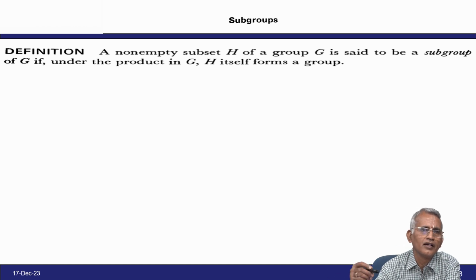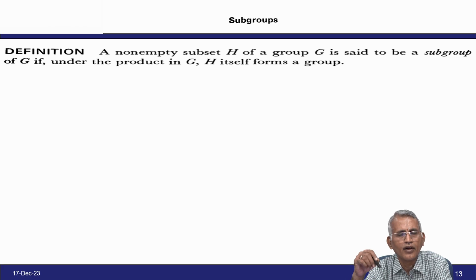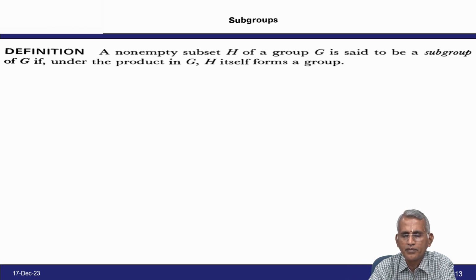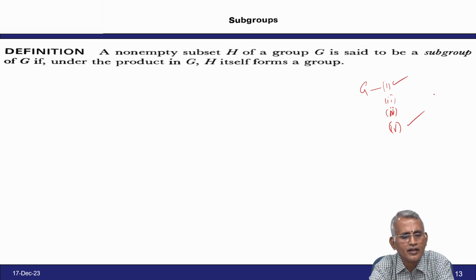So, already we discussed that a group has 4 properties: closure property, associative, existence of identity, and existence of inverse. If the first property and fourth property are satisfied, then it is said to be a subgroup.